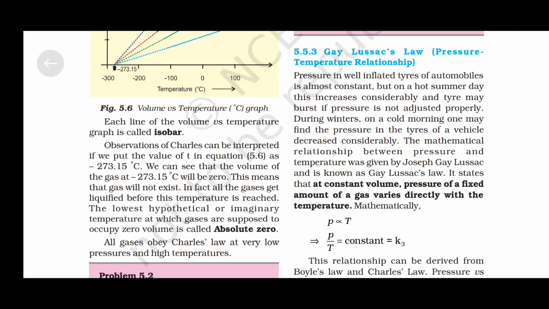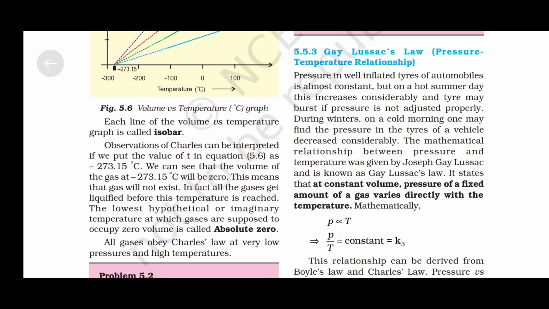Gay-Lussac's law, pressure-temperature relationship. Pressure in well-inflated tires of automobiles is almost constant. But on a hot summer day, this increases considerably and the tire may burst if pressure is not adjusted properly. During winters on a cold morning, one may find the pressure in the tires of a vehicle decreased considerably.